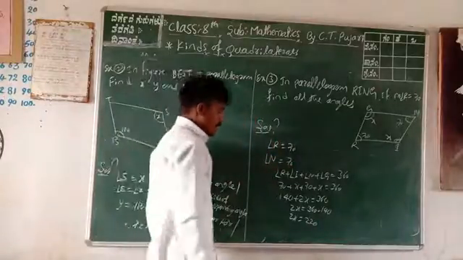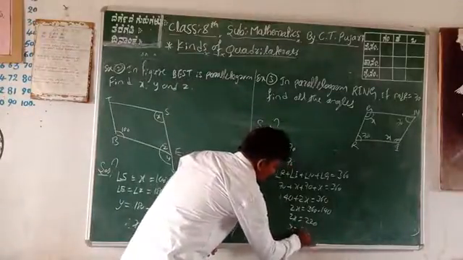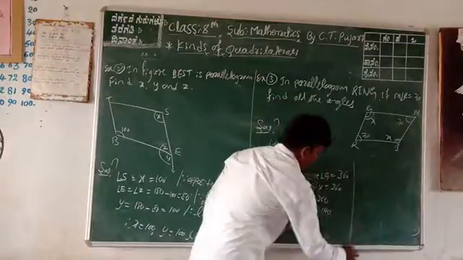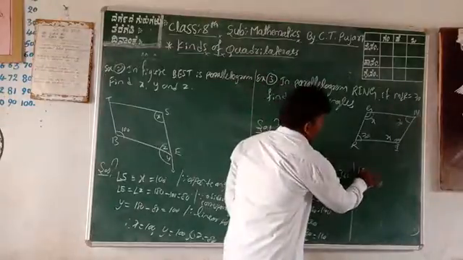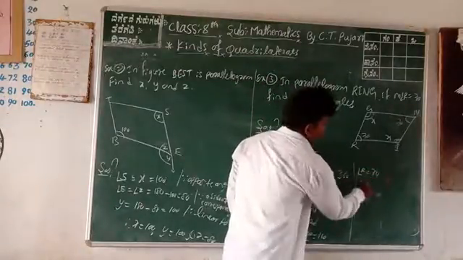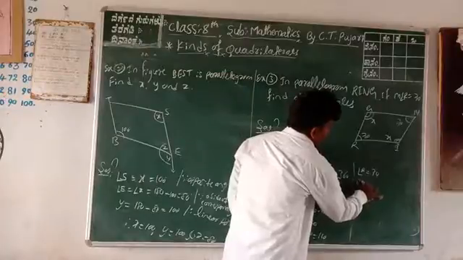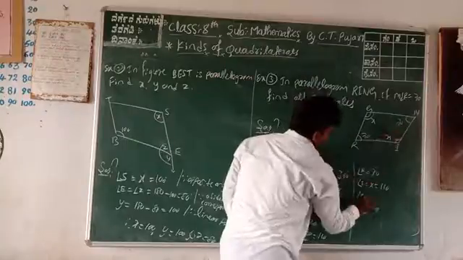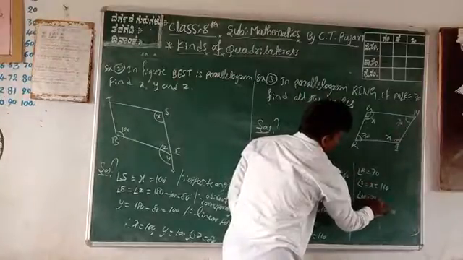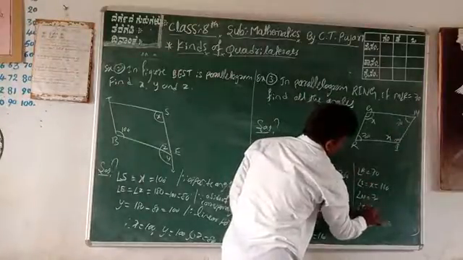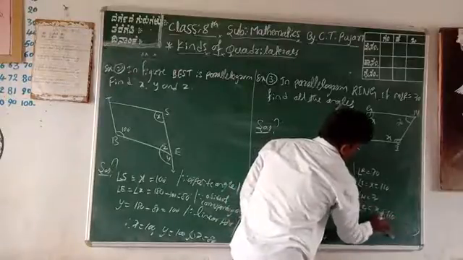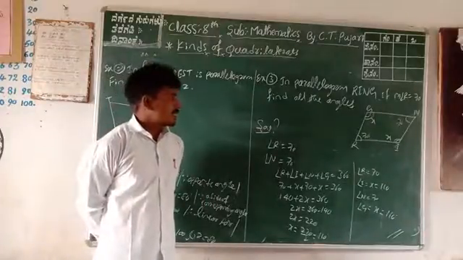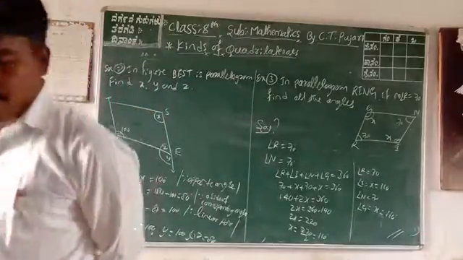What about x value? x is 220 divided by 2, which is 110. Therefore, angle R is given, 70. Angle I is equal to x, which is 110. Angle N is equal to 70. Next, angle G is equal to x, which is 110. These are all the values. Very easy. Next example, try yourself.